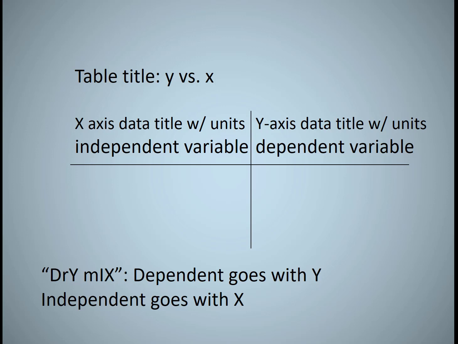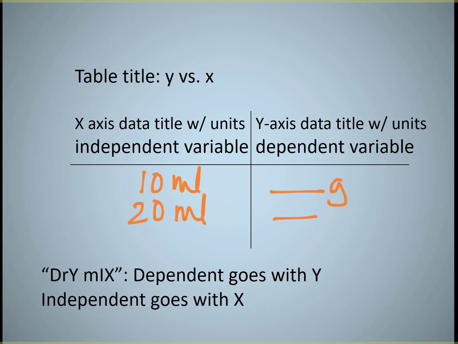So if I'm measuring volume, I would put volume of water in milliliters, and then I would record each of those values down below. So for example, maybe I start off with 10 milliliters, and then I would record what the mass is. And then maybe I'd add 10 more milliliters, so I'd do 20, and then I record what the mass is.